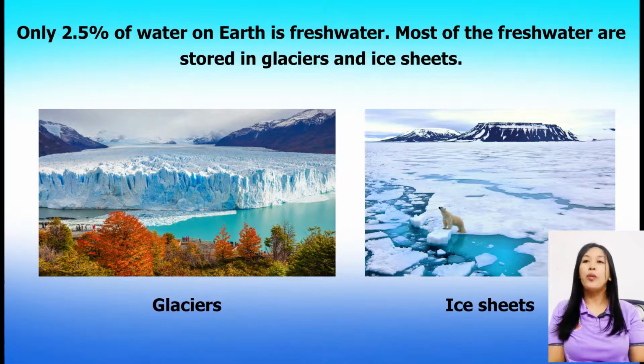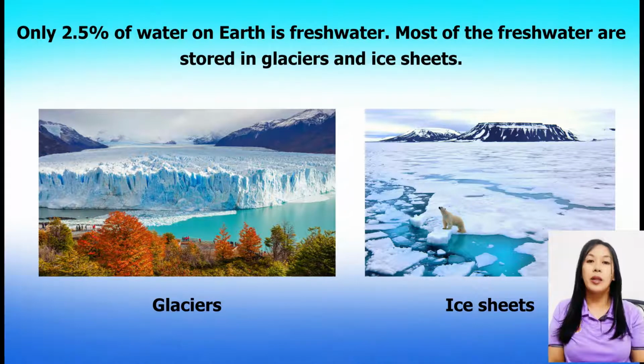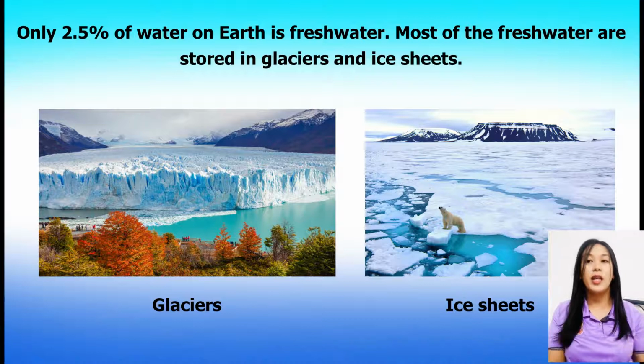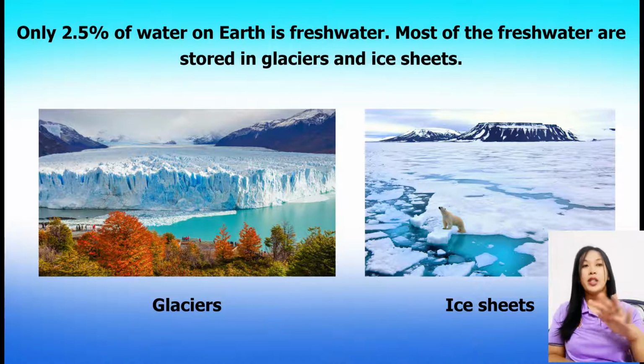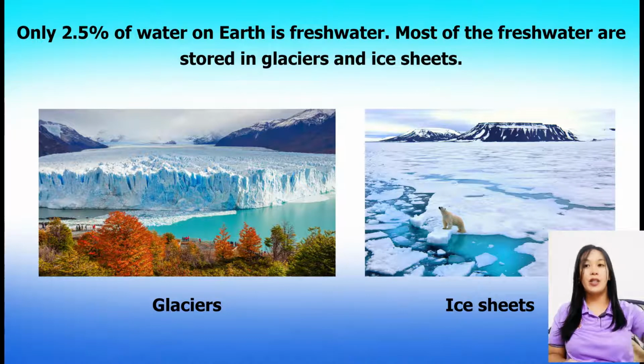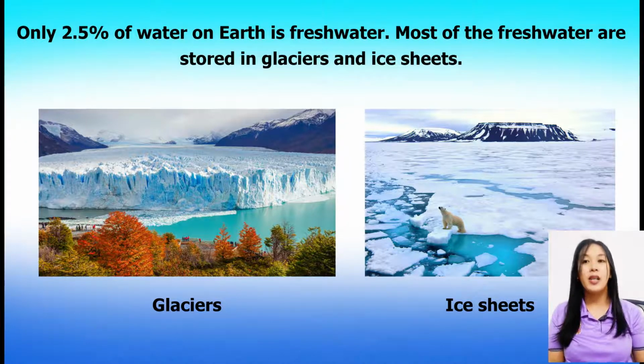But it takes a very long time for glaciers to form. An ice sheet, however, is a type of glacier that covers a large area. For example, the land of Antarctica and Greenland is covered by thick ice sheets. So it's glaciers covering a land area that we call ice sheets.